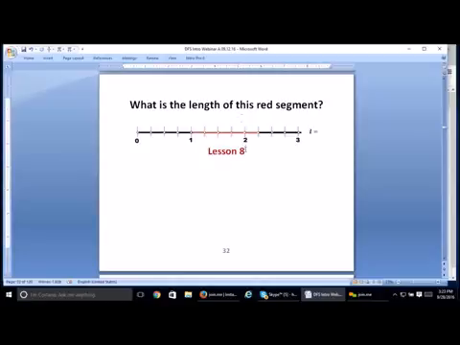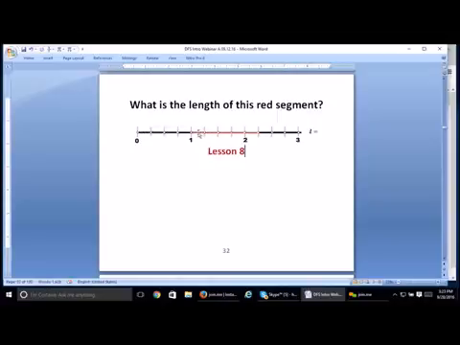So in lesson 8, the students have to name the length of this line segment. Now, the way they do that is this. They look at the segment from 0 to 1, and they see that that segment is partitioned into 1, 2, 3, 4 equal parts. 1 part, 2 parts, 3 parts, 4 parts, and therefore each small segment is 1/4.